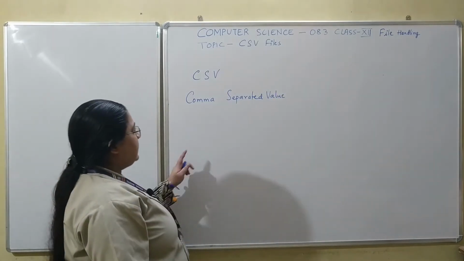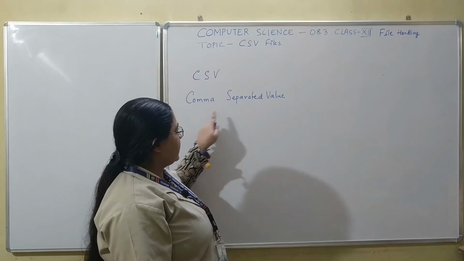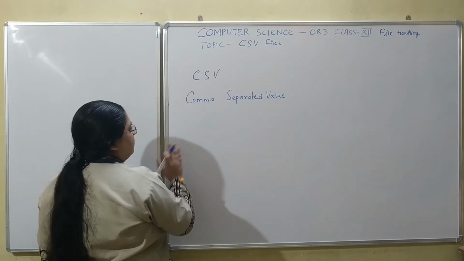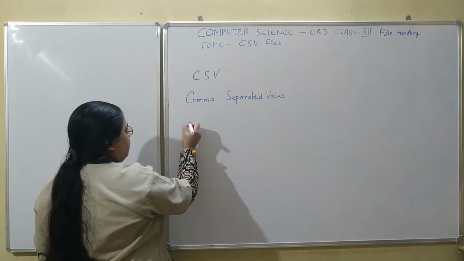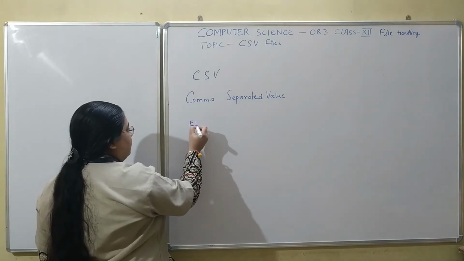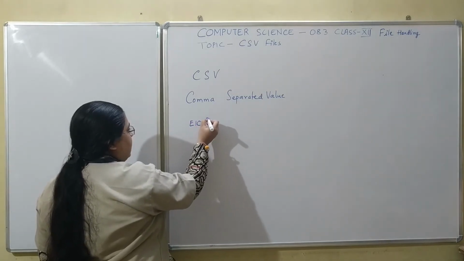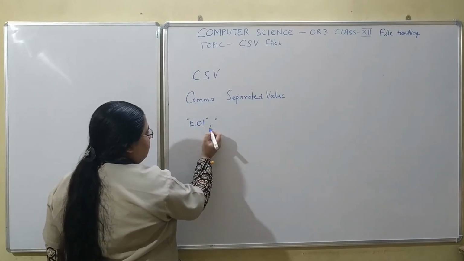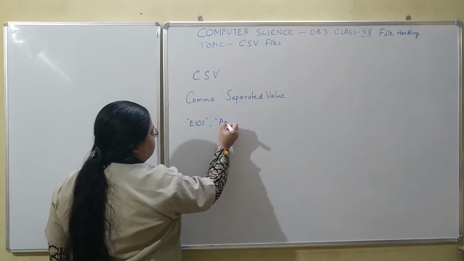So CSV files are comma separated value files. Every data item is represented in a form where it is separated by a comma.